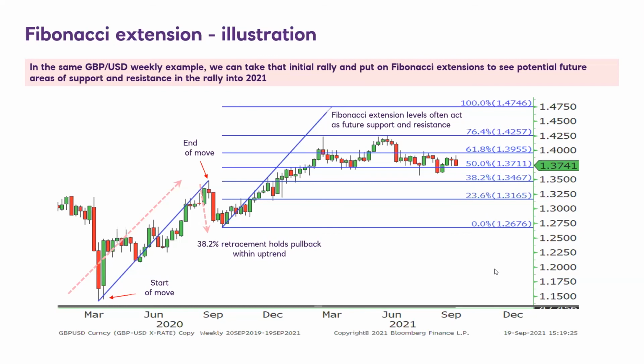And you can see that the market stopped at all these levels, the 23.6, the 38.2, the 50%, the 61.8%, and then it stopped at the 76.4%. We can use it like a roadmap to see where it's going. Between that 137.11 and 139.55, there's been a lot of sideways action, but it's a good way to see where support and resistance is in the market.